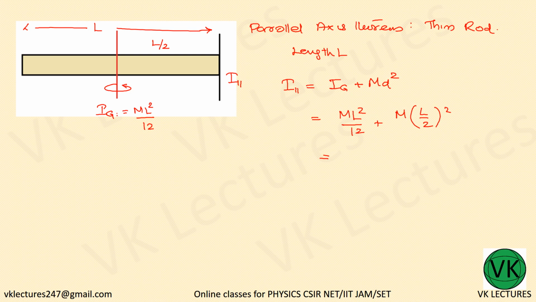This gives us ml squared by 12 plus ml squared by 4, and just multiply by 3 here, so it gives us 4 ml squared by 12, which is nothing but ml squared by 3. So this is I parallel, and we have already discussed it, that is passing through the edge.